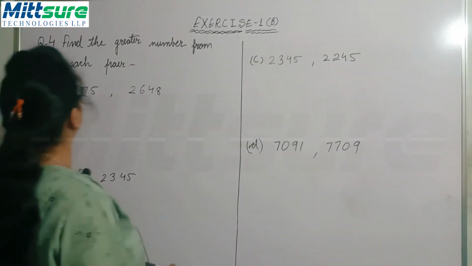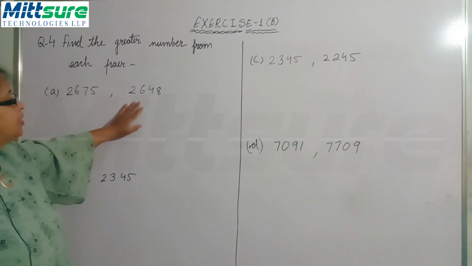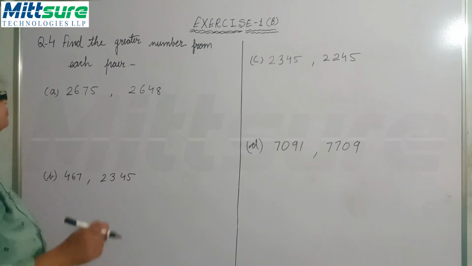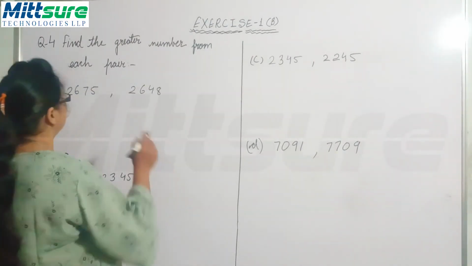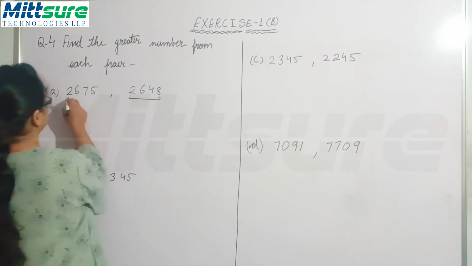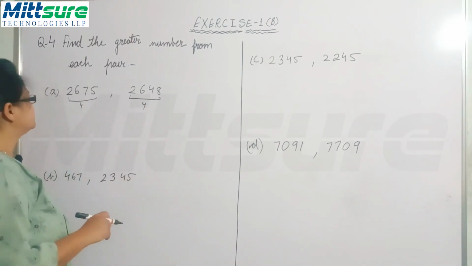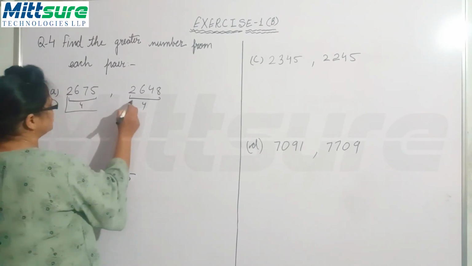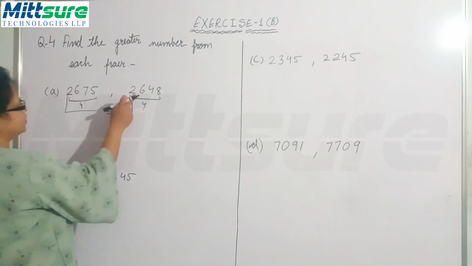Now, find the greatest from each pair. There are two numbers given. We have to compare which number is greater. Now, the first rule, as we know, is that we have to compare the first digit. This number has 4 digits and this number also has 4 digits. Now we compare the first leftmost digit, that is equal, it is 2 and 2.